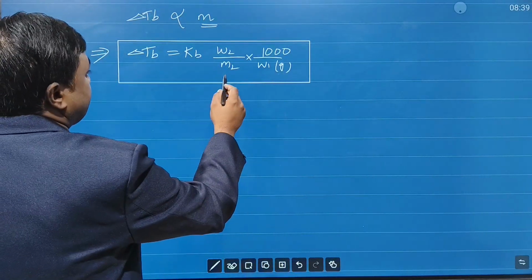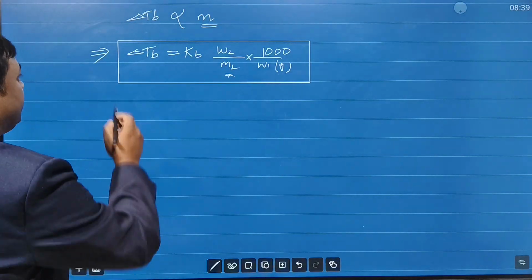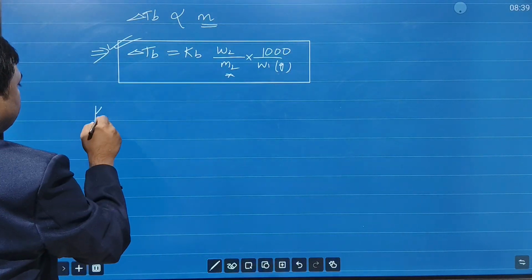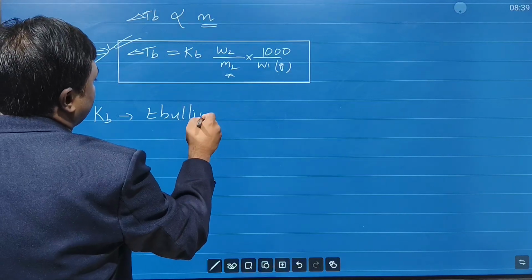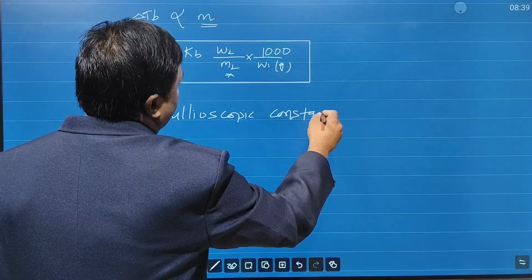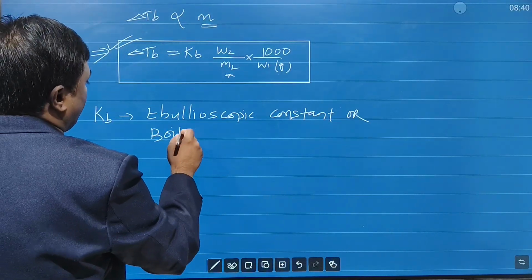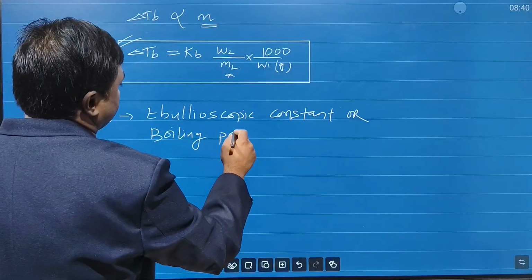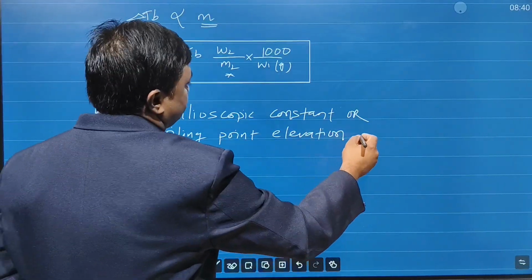Most of the cases in the numerical, they will ask you to find the molecular weight of solute. Am I clear? Here Kb is called the ebullioscopic constant, also called the boiling point elevation constant.